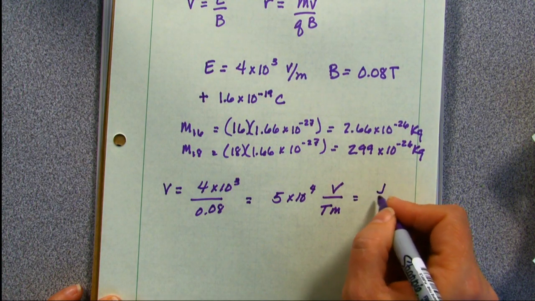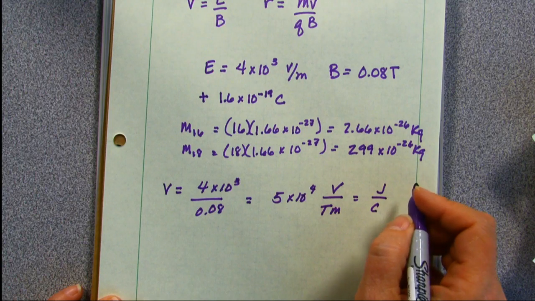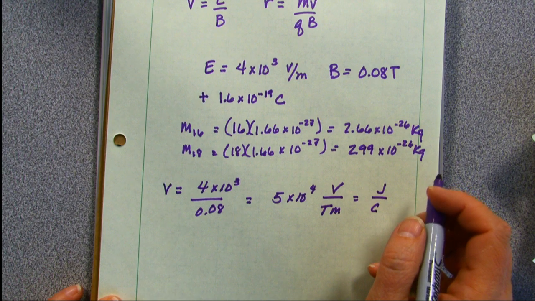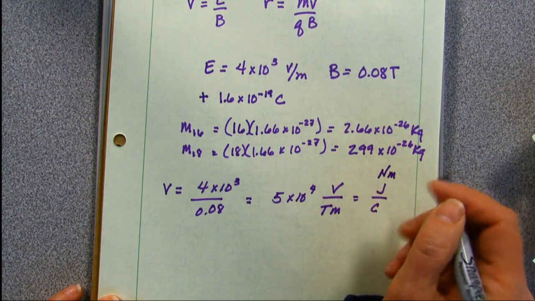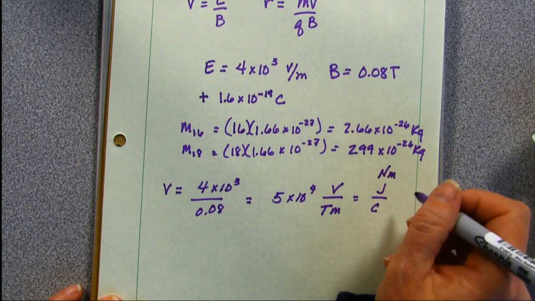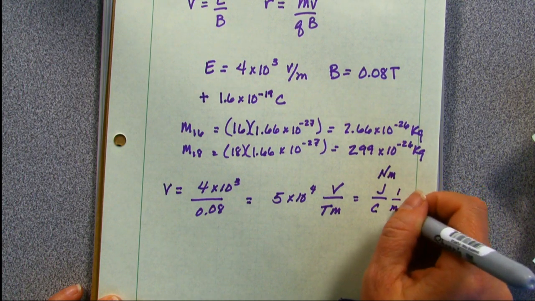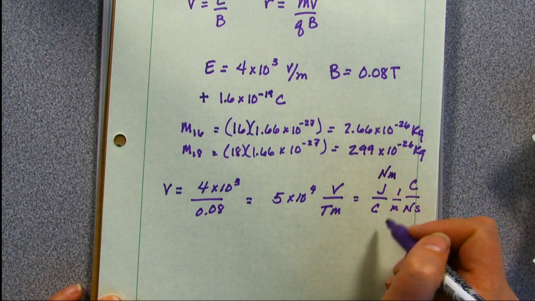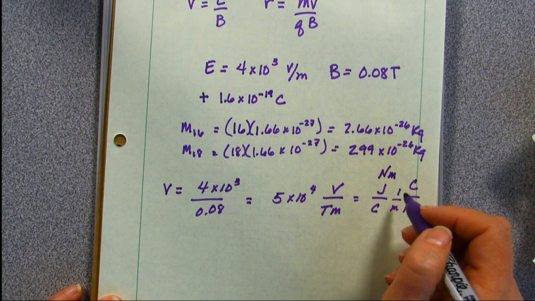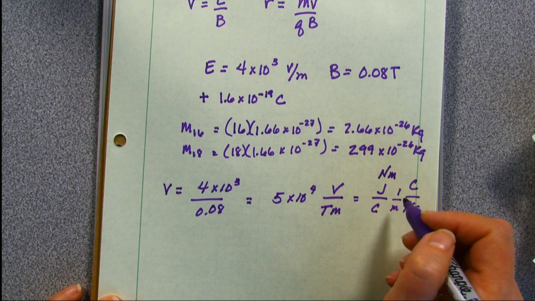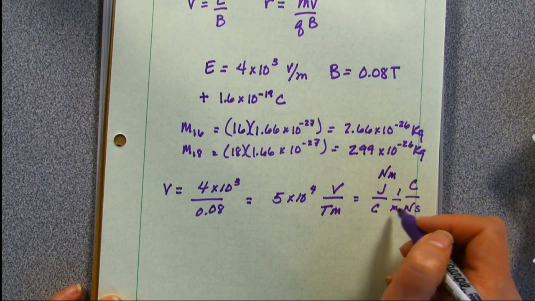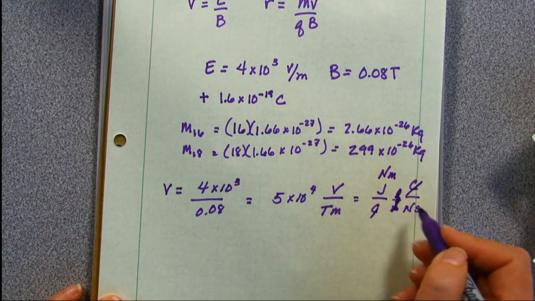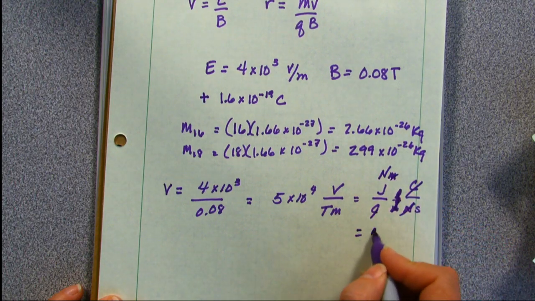My volt is a joule per coulomb, and a joule is a Newton meter. So I end up with an extra 1 over meters, and my Tesla works out to be a Newton second per Coulomb meter. So the Tesla meters works out to be that right there, Coulomb Newton seconds, so those cancel, Newtons cancel, and I end up in meters per second.